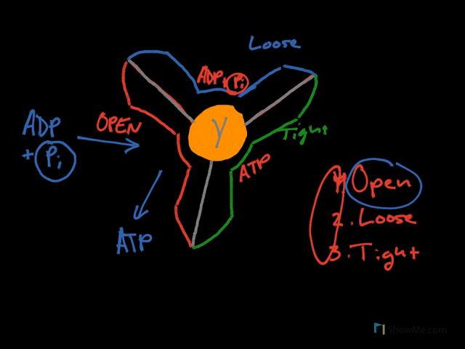At this point, ADP and inorganic phosphate will be so close that the spontaneous reaction of ATP formation will occur, and this molecule of ATP will have spontaneously reacted to create the molecule.